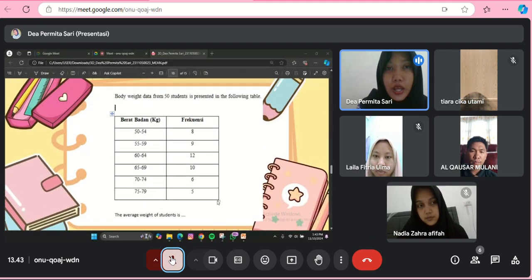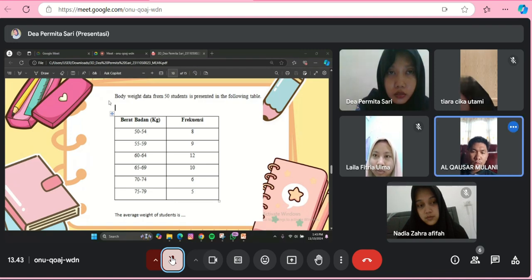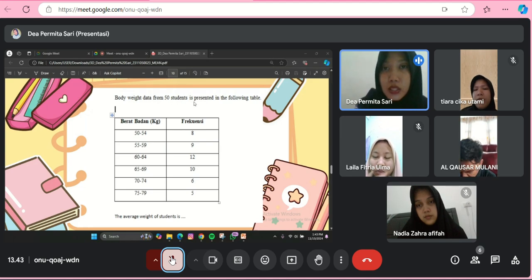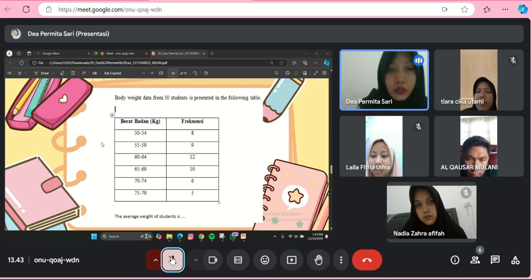We have a problem example of group mean. Body weight data from 50 students is presented in the following table. Look at the frequency table.